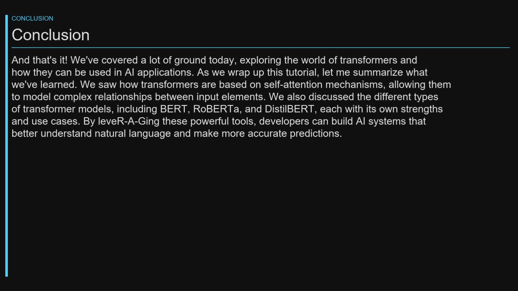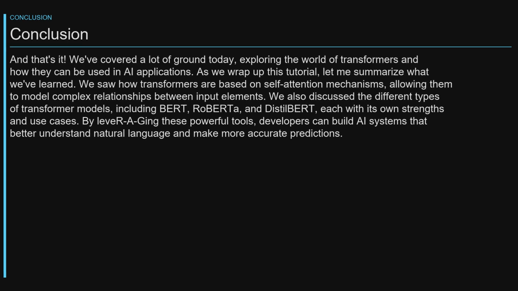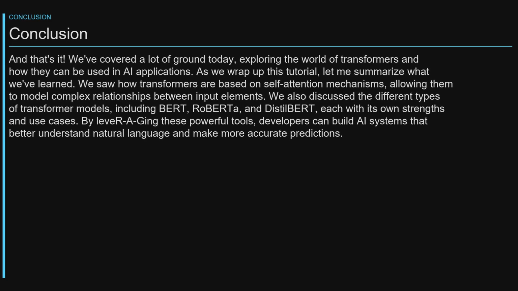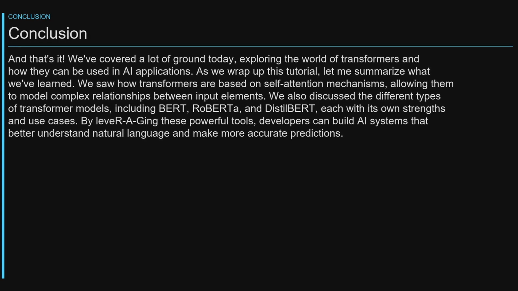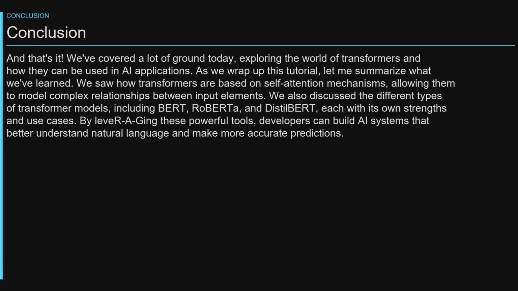We also discussed the different types of transformer models, including BERT, RoBERTa, and DistilBERT, each with its own strengths and use cases. By leveraging these powerful tools, developers can build AI systems that better understand natural language and make more accurate predictions.